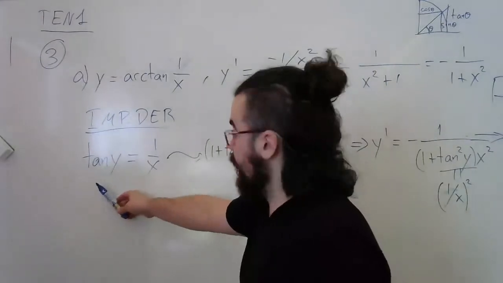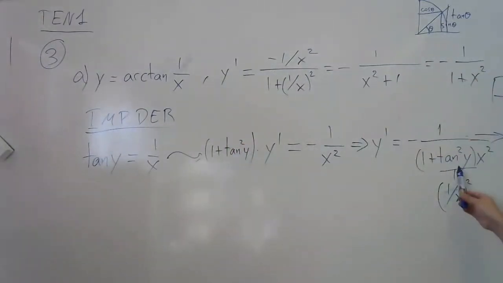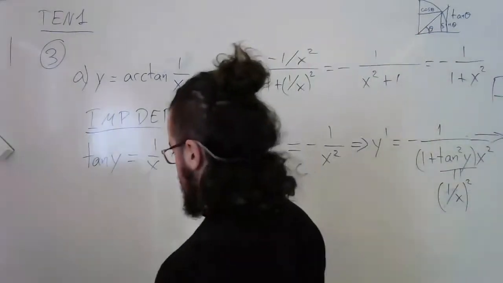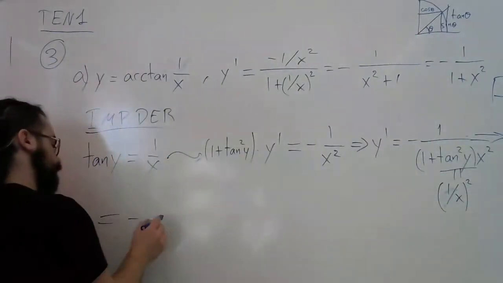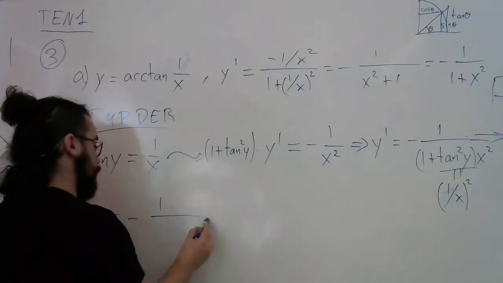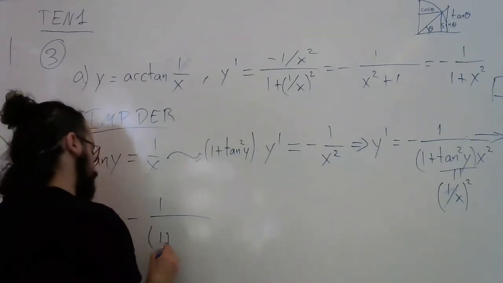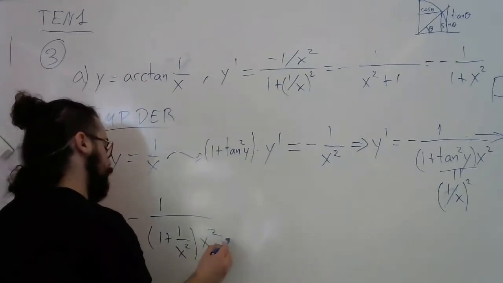Tangent of y is 1 over x. Tangent square of y is 1 over x squared. So all this thing is equal to minus 1 over 1 plus 1 over x squared times x squared.